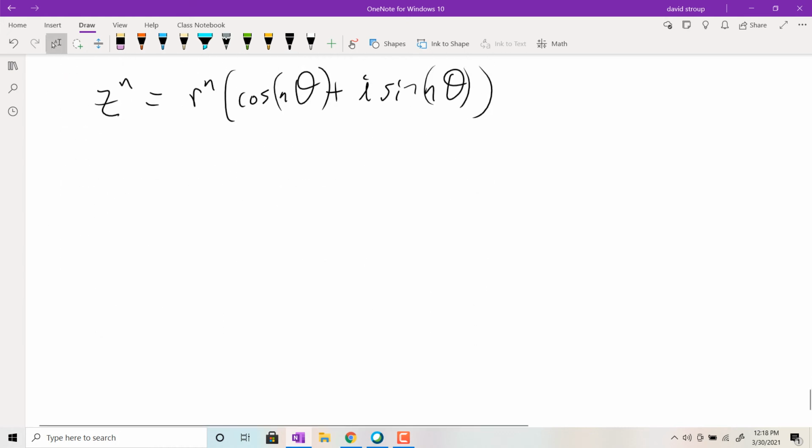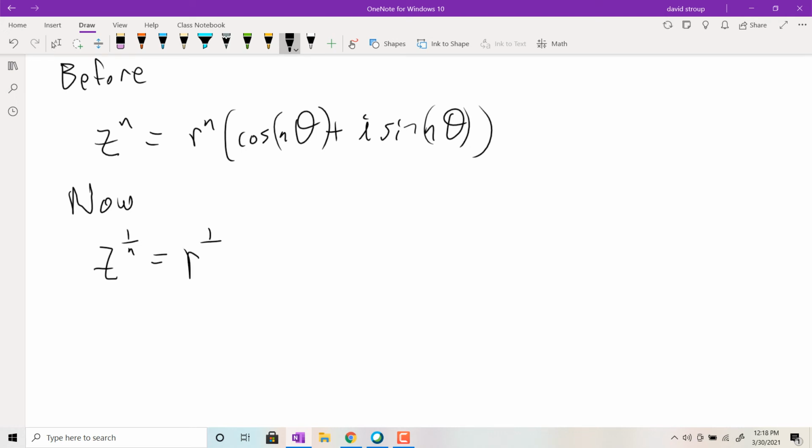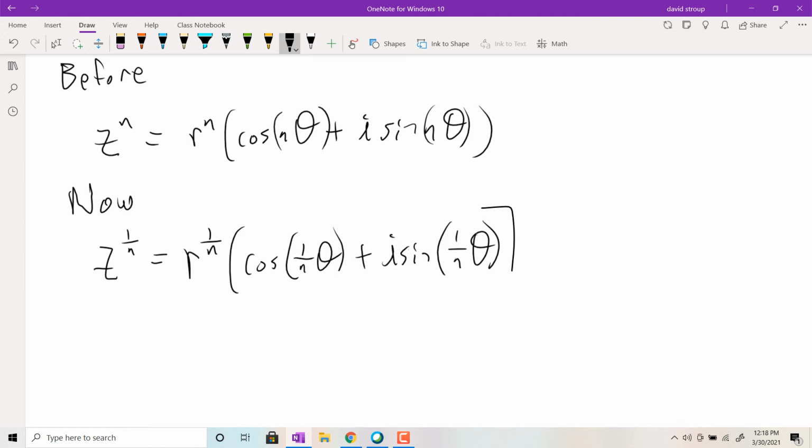Now from this, if we just take the n and replace it with 1 over n, does it work? And it does. So we're going to have r to the 1 over n times cosine of theta over n, and instead of n times theta, 1 over n times theta, plus i sine of 1 over n times theta.